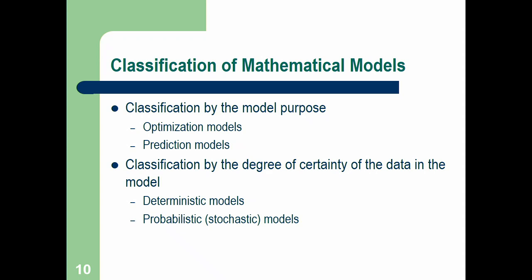What is the best option to maximize profit, minimize risk, maximize user satisfaction? That's an optimization model. We're going to build this model and try to find the one best way, the optimal solution, the best solution given the model that I built.